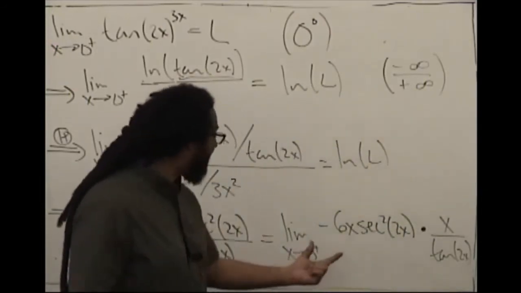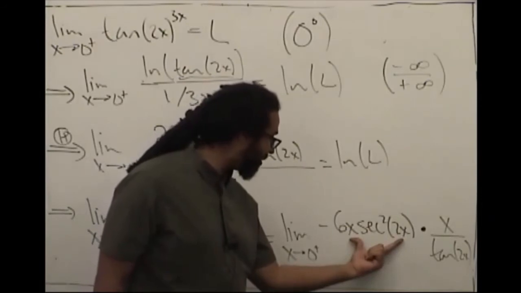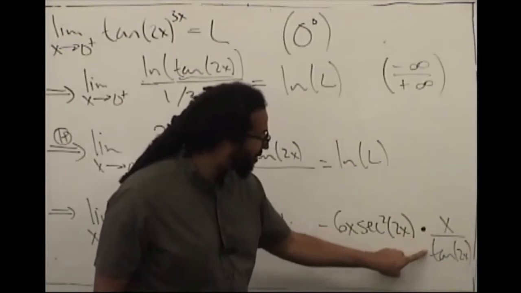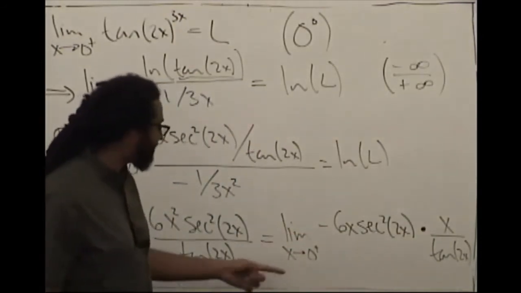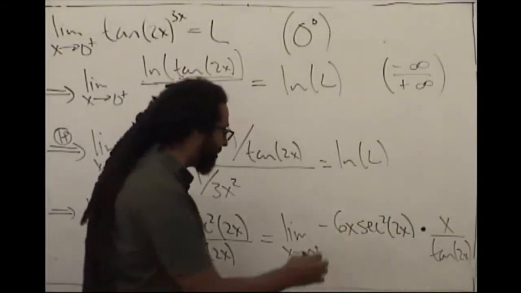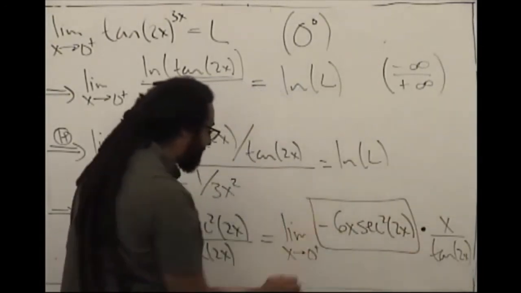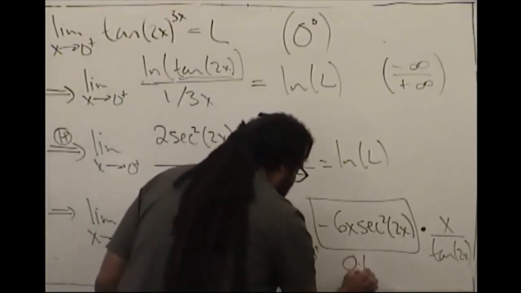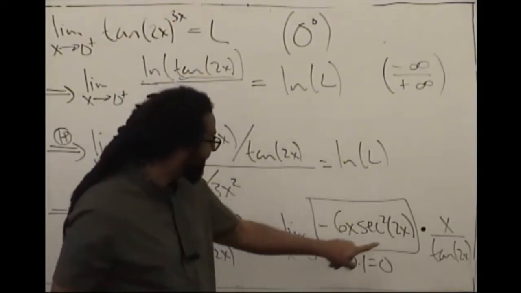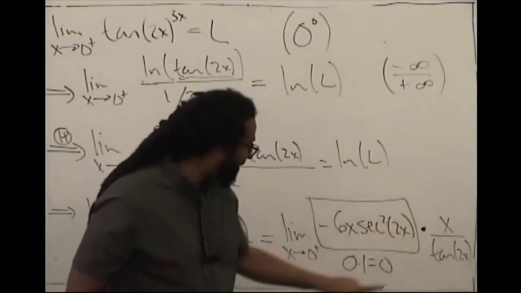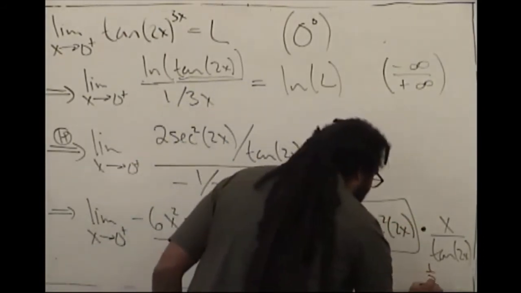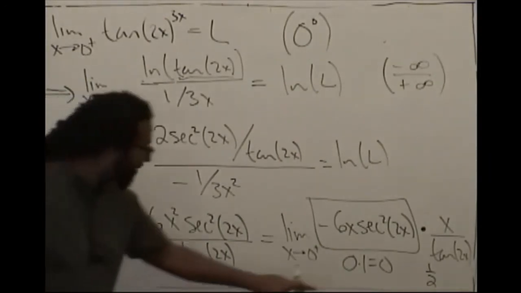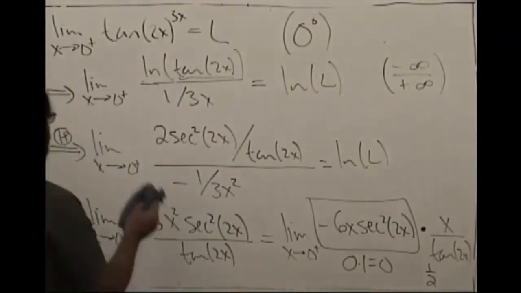So now we've got a thing where we can plug in 0, and a thing where we've memorized the limit, or we can just use L'Hopital's rule again. The limit of the first piece is just 0 times 1, which is 0. And then the limit of the second piece is 1/2. And so the natural log of L now is equal to 0 times 1/2.